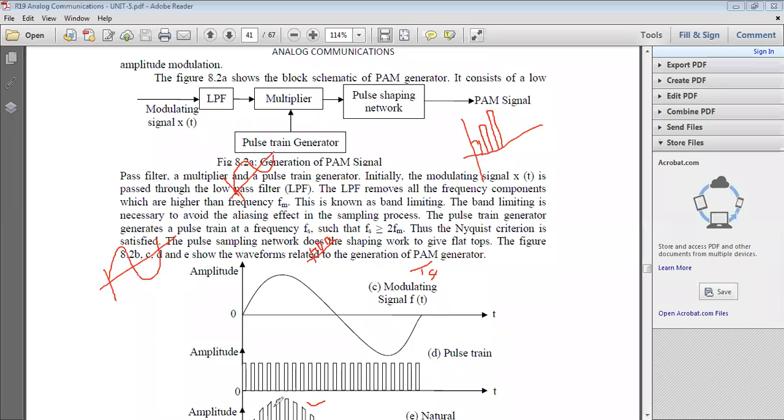But each pulse has some slope at the top. To remove that slope and get a flat top, we pass the signal through the pulse shaping network. So at the output of the pulse shaping network, we get a PAM signal. Already I told you what a PAM signal is: the amplitude of each pulse changes in accordance with the amplitude of the message signal.